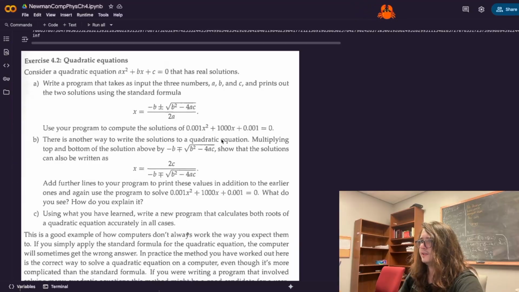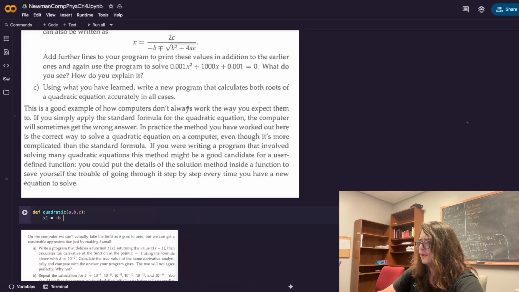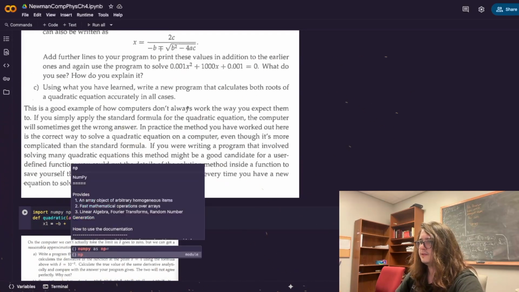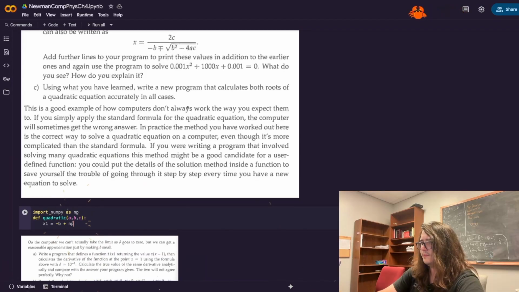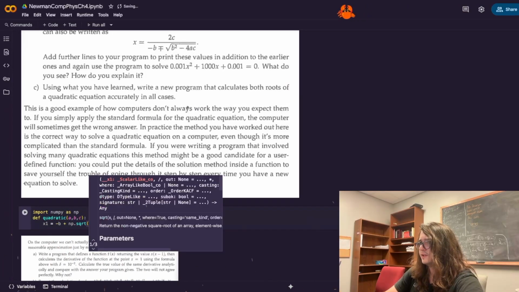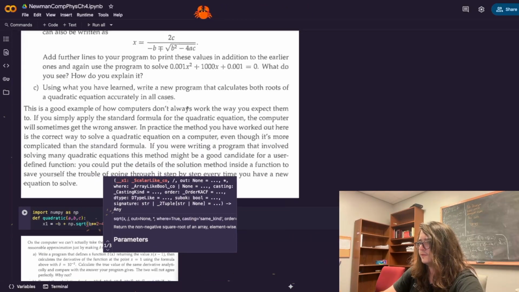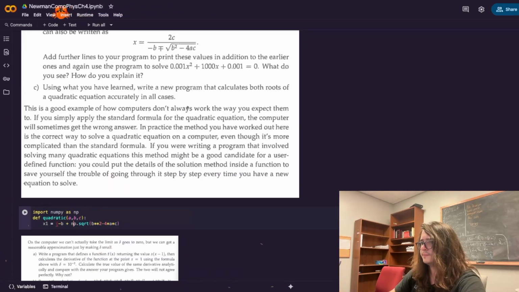So the first solution is going to be minus b plus the square root, and because I need to do a square root, I am going to import numpy as np for that, because the square root function is nice. And that's b squared minus 4 times a times c, but then it's all divided by 2 times a.